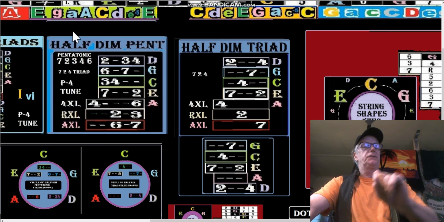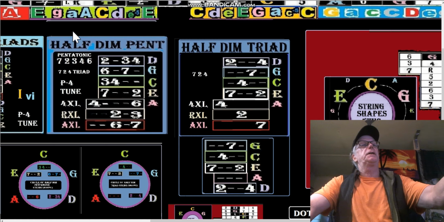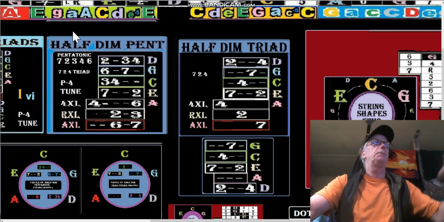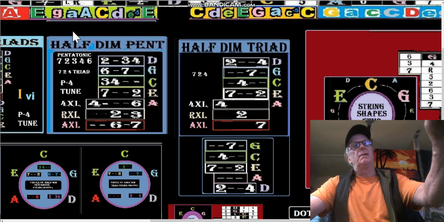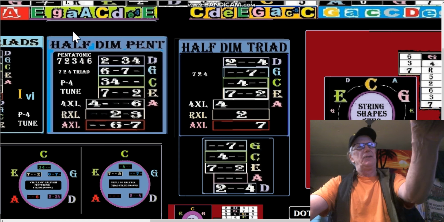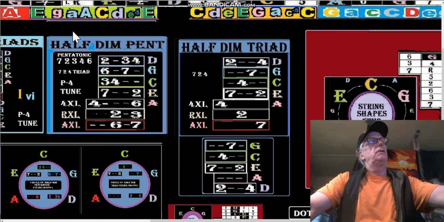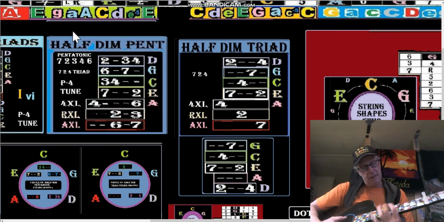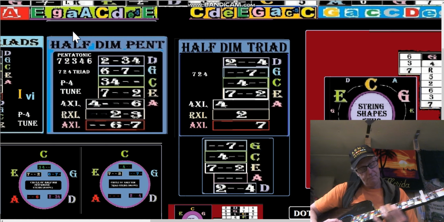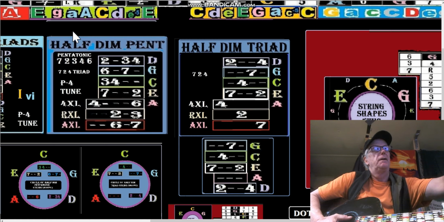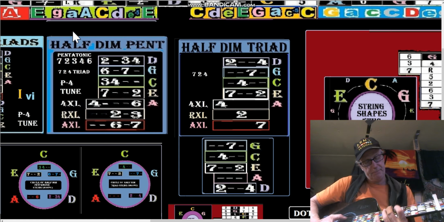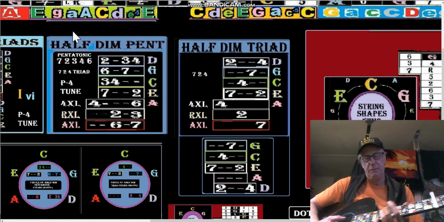Because when we play a pentatonic on guitar, let's talk about an A minor pentatonic. Everybody's always talking about an A minor pentatonic. We don't play it like this, although that sounds cool. They talk about A minor pentatonic being like that, but we don't play that.